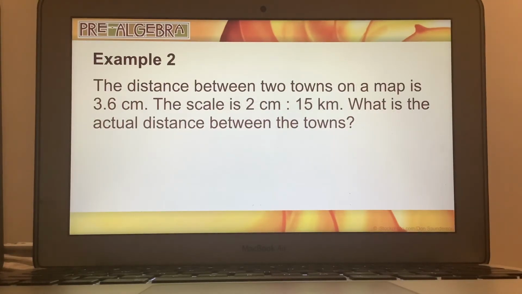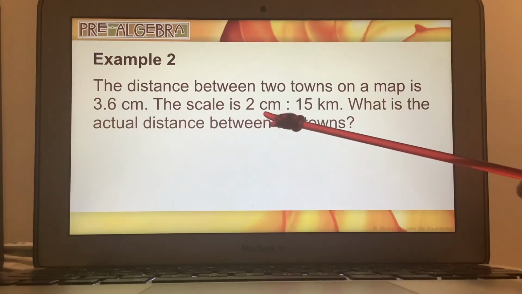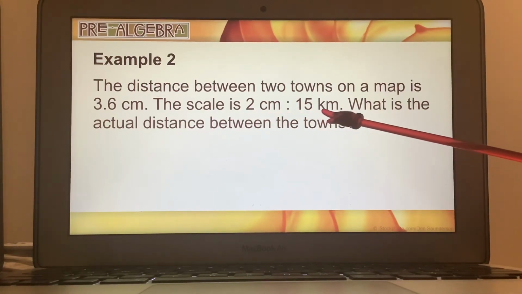Our next example: the distance between two towns on a map is 3.6 centimeters. The scale is 2 centimeters to 15 kilometers. What is the actual distance between the towns? So we're going to take our scale right here, 2 centimeters to 15 kilometers, and we're going to set that up.